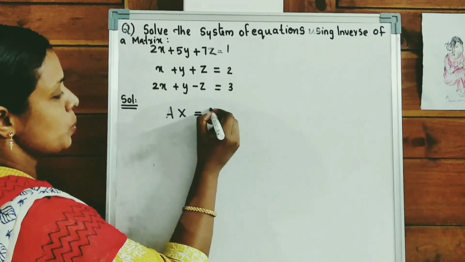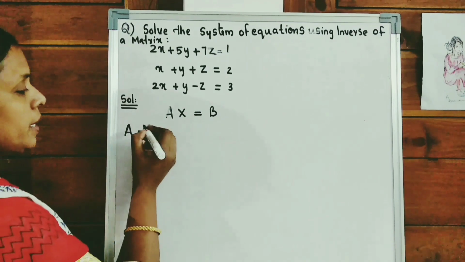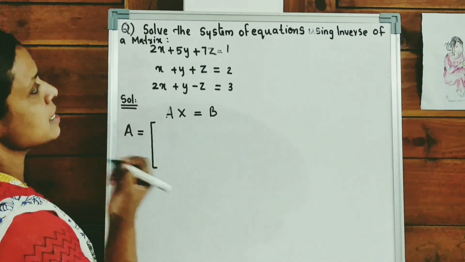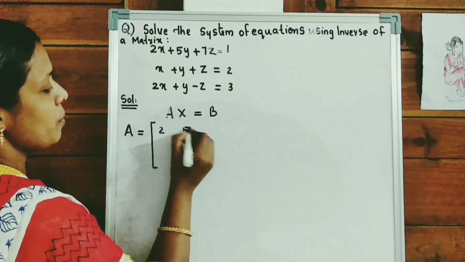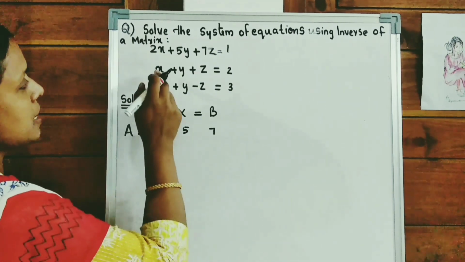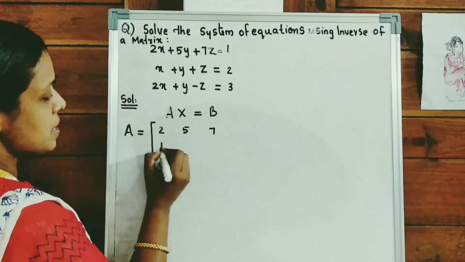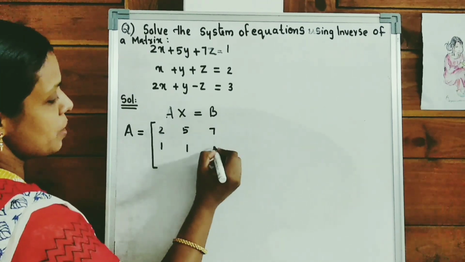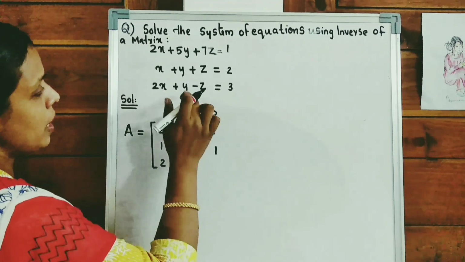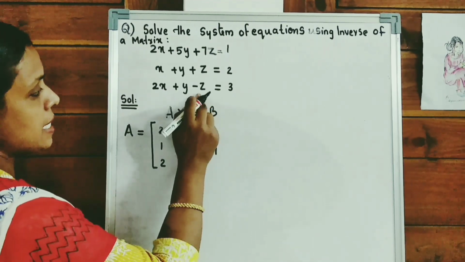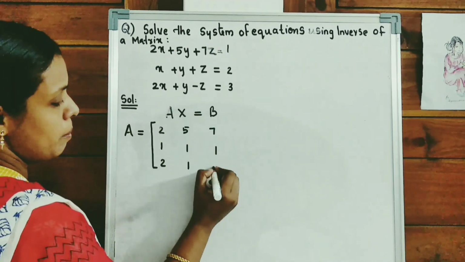Here A is equal to matrix. The coefficients of x, y, z are 2, 5, 7. In the second equation, the coefficients of x, y, z are 1, 1, 1. And in the third equation, the coefficient of x is 2, y is 1, z is minus 1.